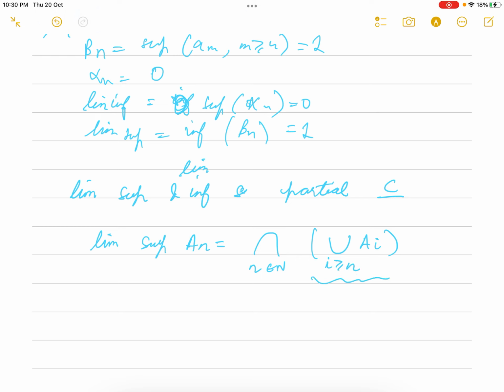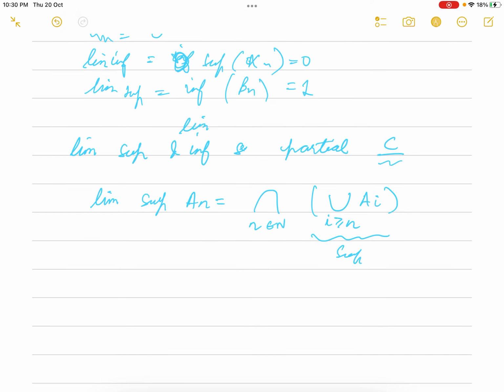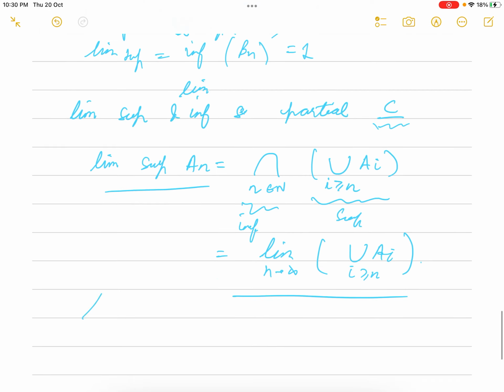This holds the value of supremum because in the partial order the union is sort of a greater than or equal to process and the intersection is sort of a less than or equal to process, and this holds the value of infimum. It is also the limit as n approaches infinity of the union of a_i for i greater than or equal to n. This is the lim sup and lim inf for inclusion.